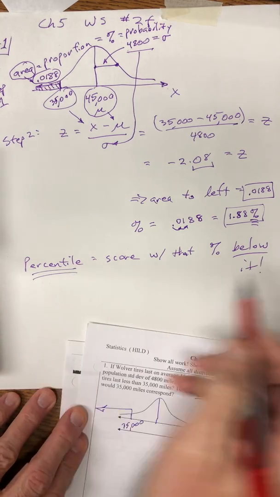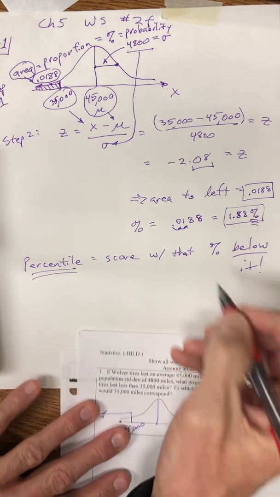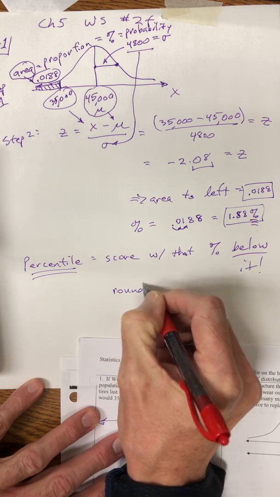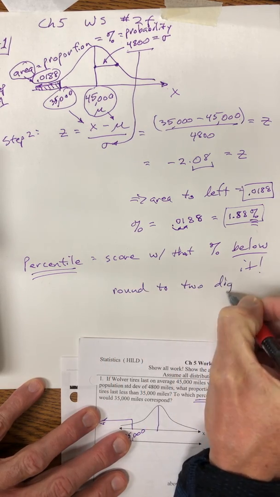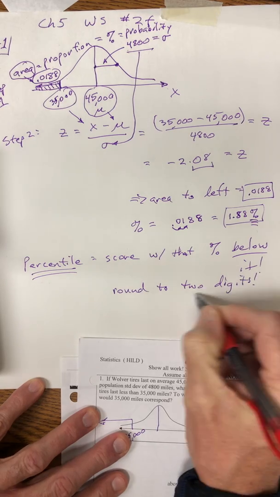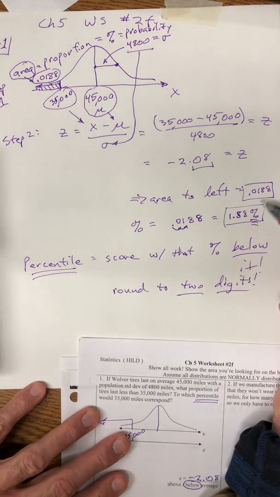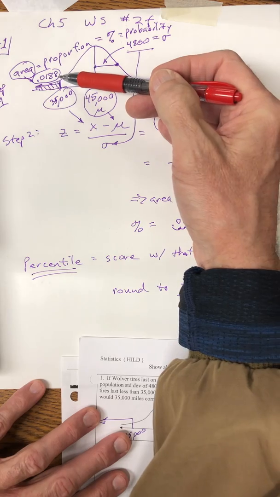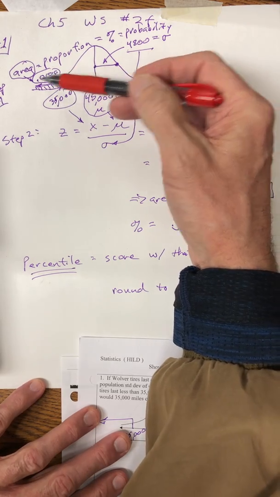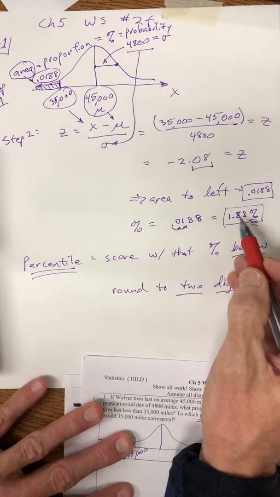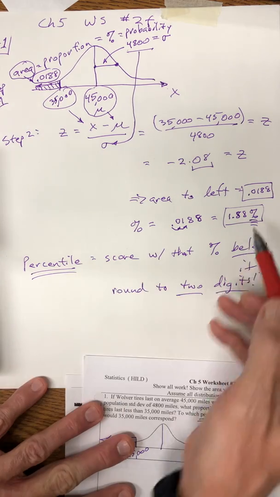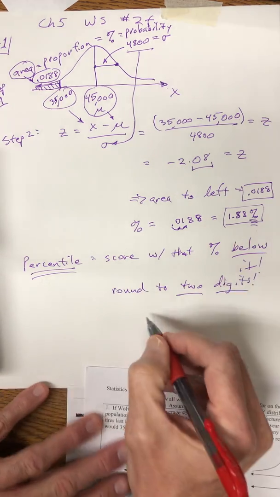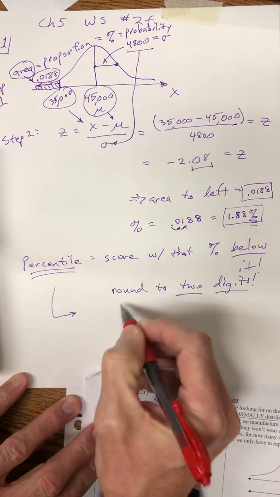So you round the percentile to 2 digits. So it's saying, what percentage of tires will last less than 35,000. So we take our 1.88% and we say, well, the area to the left then is going to be about 2%. So this is about 2%.